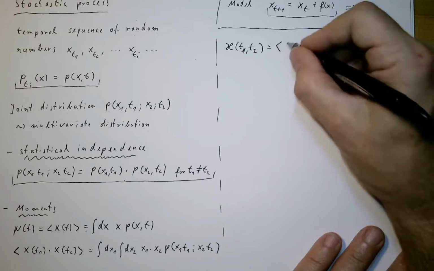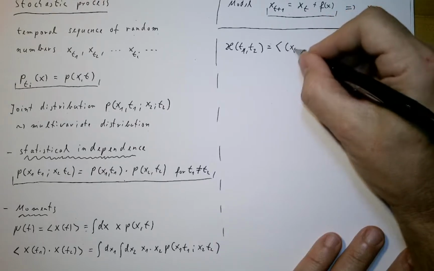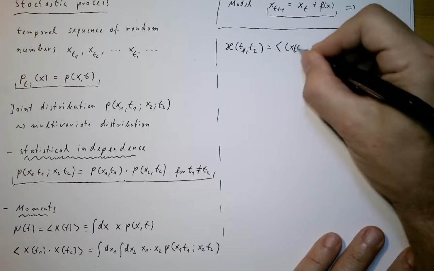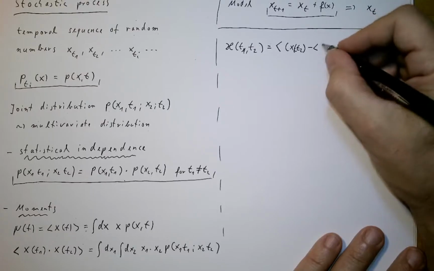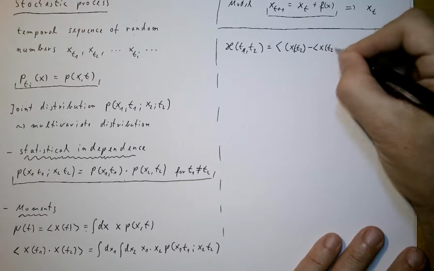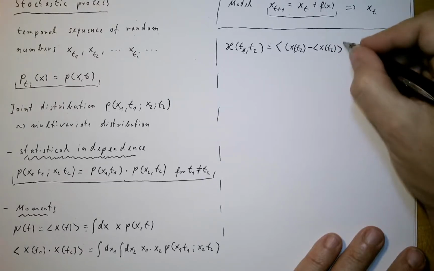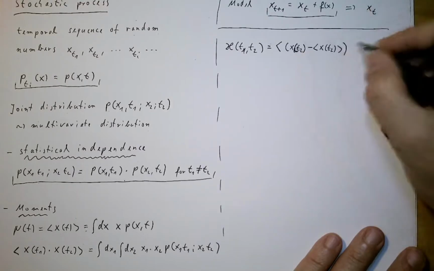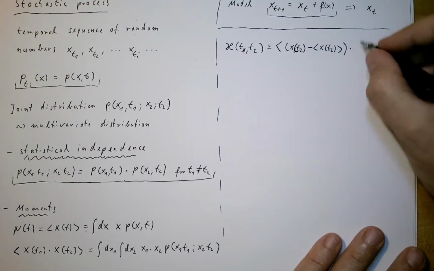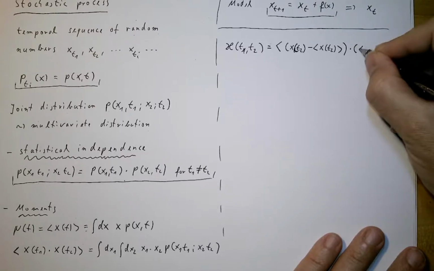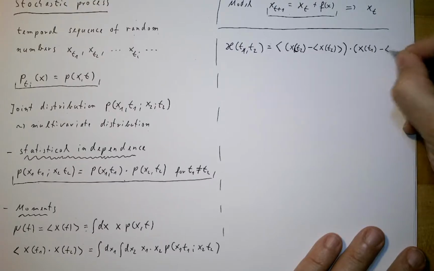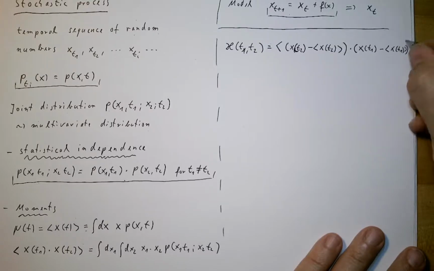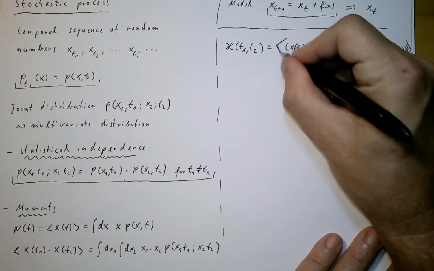So we have x at time point t2 minus the expectation of x at t2. We close the parenthesis and we multiply this by x of t1 minus the expectation of x of t1, and from the whole thing the expectation value.